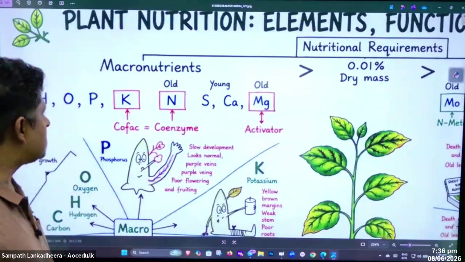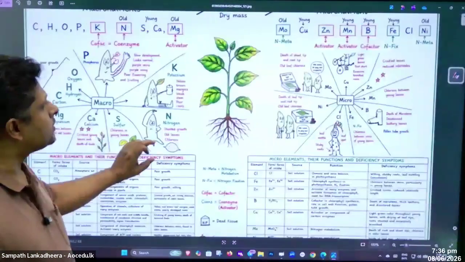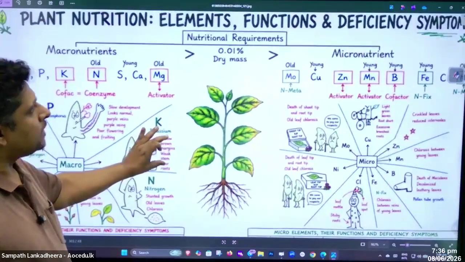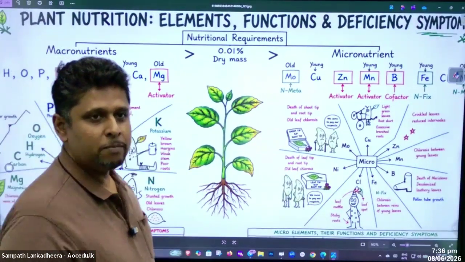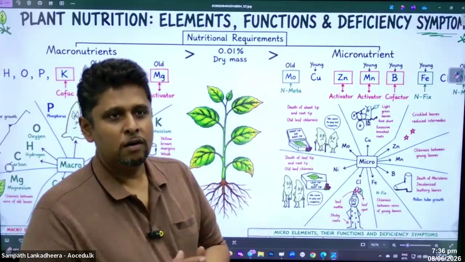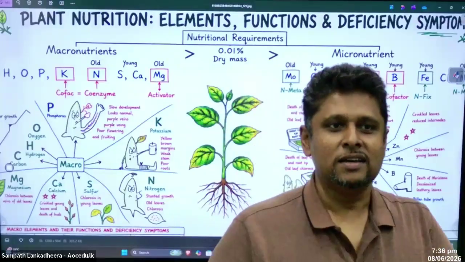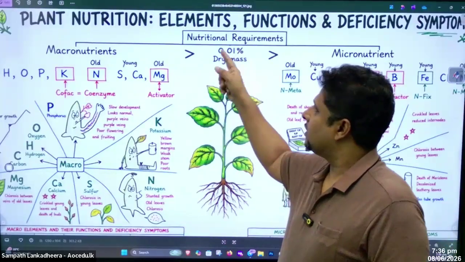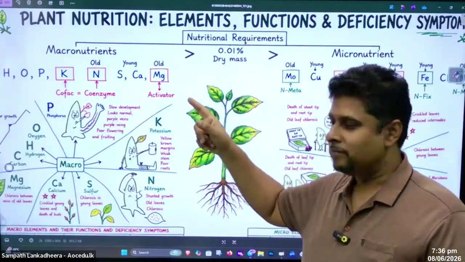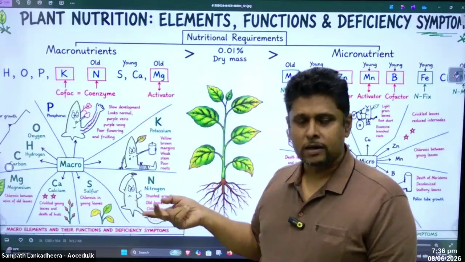We talked about this. We learned plant nutrition elements and deficiency symptoms last time. So we talked about nutritional requirements. We classified these nutritional requirements as macronutrients. If a particular nutrient is present at more than or equal to 0.01%, it's a macronutrient.